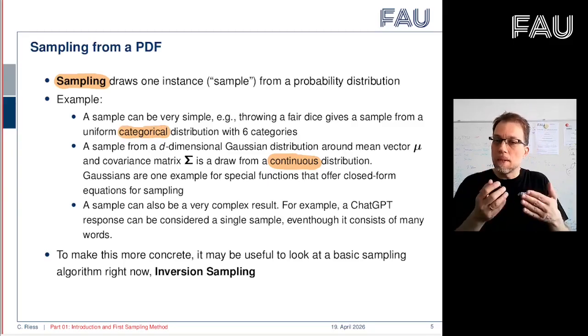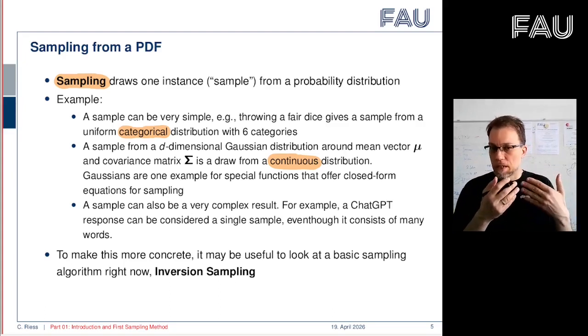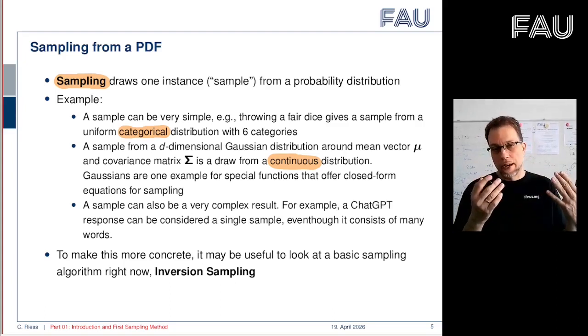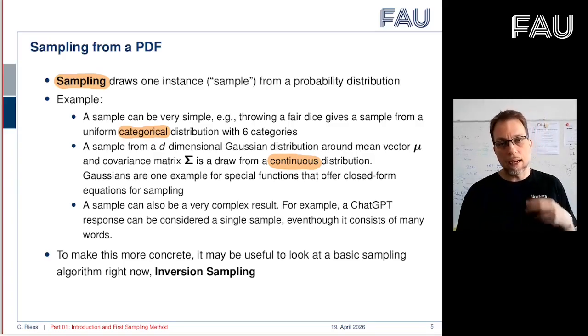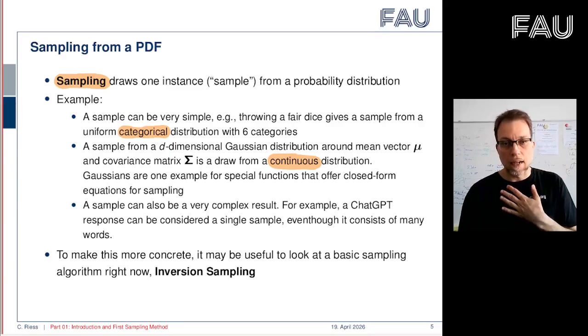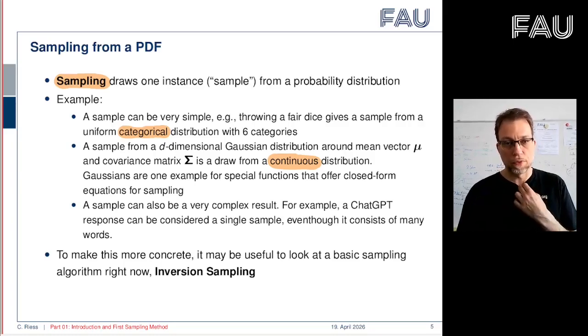Continuous distribution means there's not a number like 6 of possible results, but infinitely many. Still, Gaussians are simple in the sense that there are special functions that offer closed form equations for sampling from a Gaussian. And we are going to talk more about this in the future.